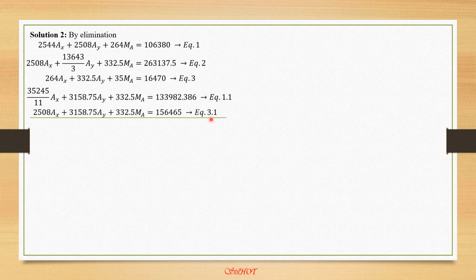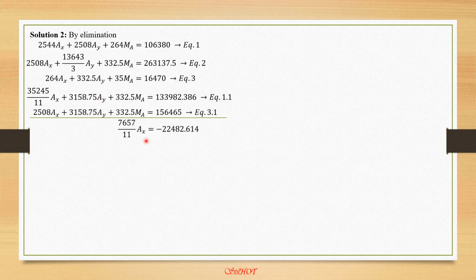So we can now eliminate MA from these equations by subtracting equation 3.1 from equation 1.1. So 35,245 over 11 minus 2508 is 7657 over 11 AX. Then we can eliminate, by the way, AY and MA simultaneously. So luckily we can eliminate these two terms.